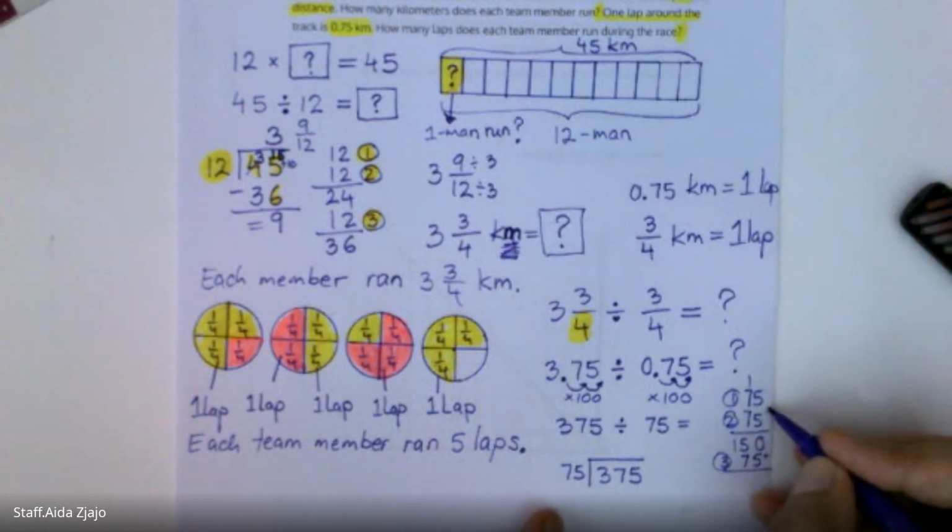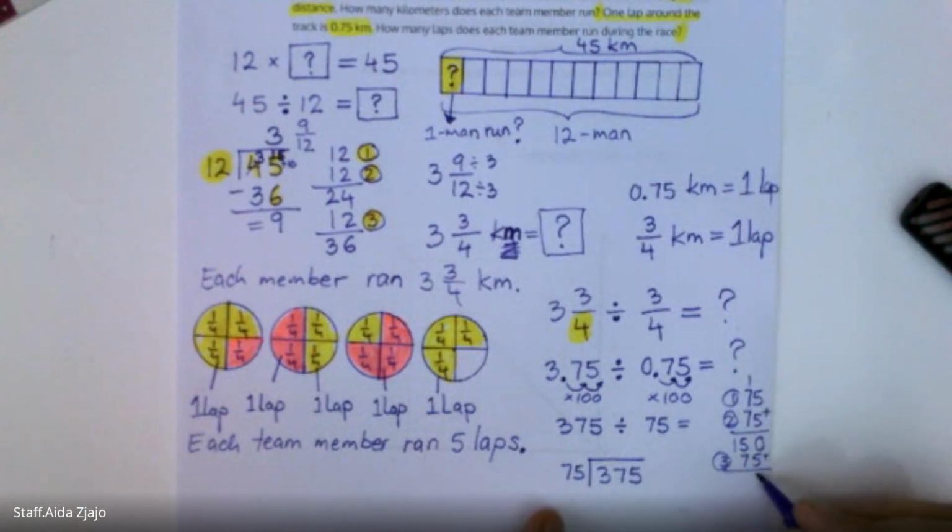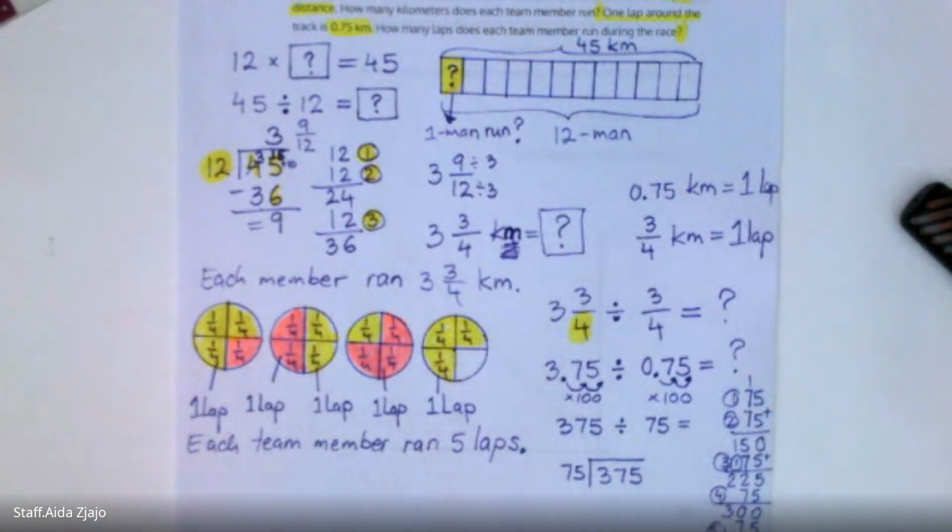Okay, plus. So 5, 7, and 5 more makes 12. Remember 1 more, that's 225. If I add 75 more, that would be, remember 1, 0, 300. That would be number 4. And if I add 75 again, that will make me 375. So I prove.